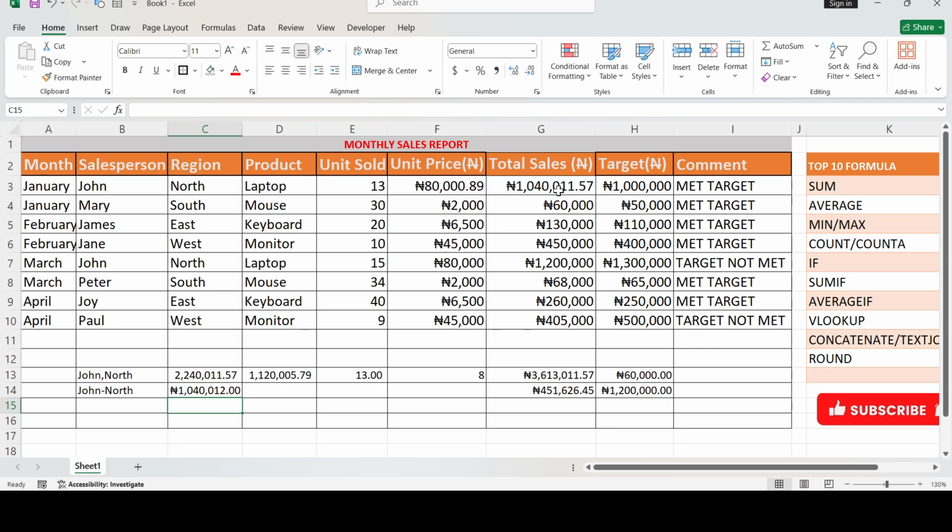I click enter. Look at the amount that came up. It's approximated 11.57 to 12. That is for the round. So it changes it from decimal point to a whole number. That is how you apply these formulas.